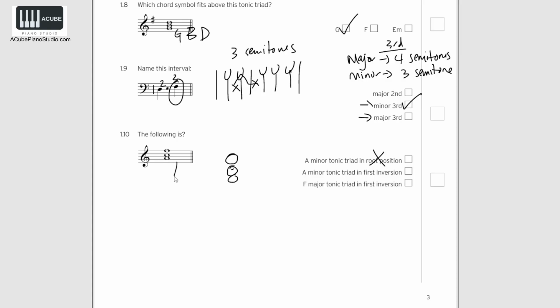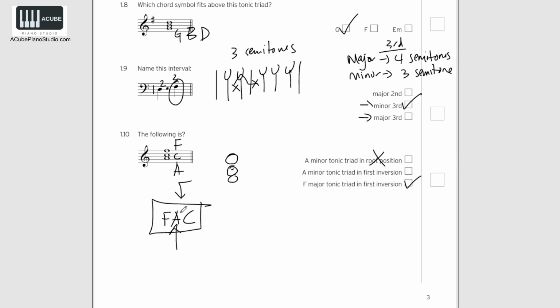This note is A, then this note here is C, this is F, C. So if you rearrange it, it is F, A, C. Okay, and so it is basically an F major tonic triad, and because it starts on A, it is the first inversion. So it's F major, first inversion.